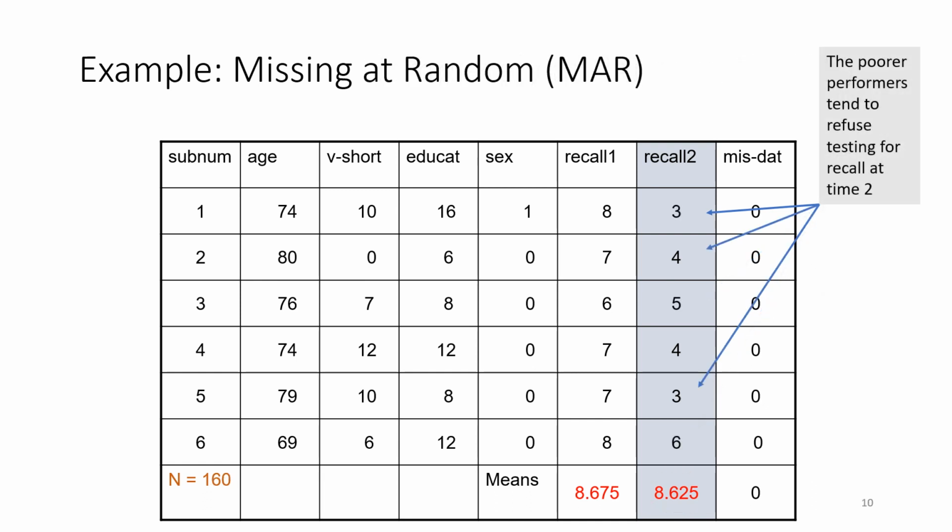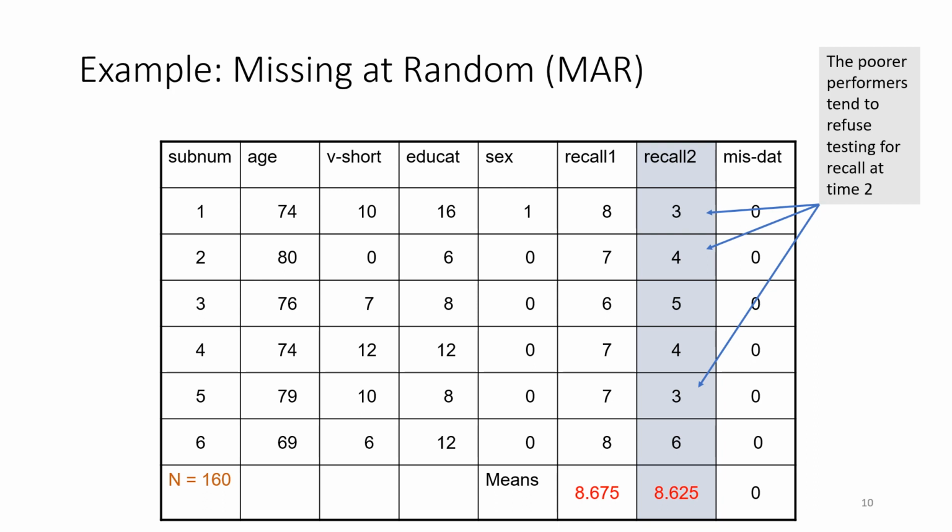In the next two slides, I'm going to demonstrate the missing at random assumption. Here, I'm selecting among the poorest performers, and I'm going to remove their scores. This might occur because those people know that they're not likely to do very well, and they don't want to be tested, so they refuse to be tested. We don't get their recall at time 2 score.